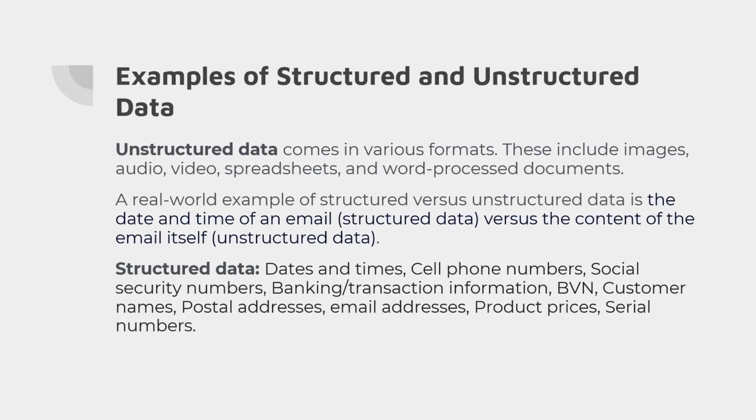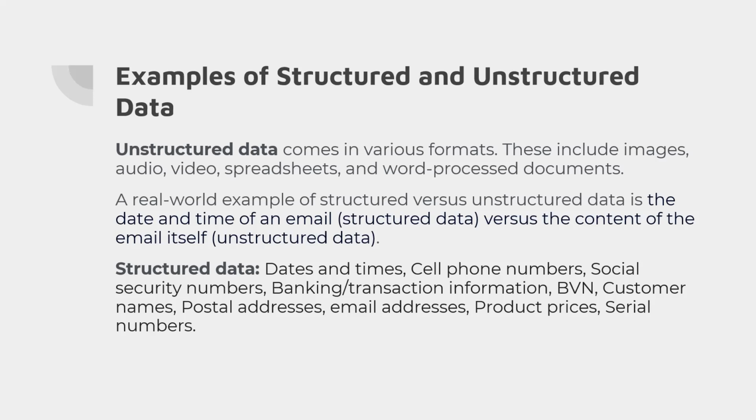And then for structured data, you have the dates and time because they are specific. You have your cell phone numbers, social security numbers, I don't know if in Nigeria we have social security numbers. Okay, banking and transaction information, BVN, customer names.